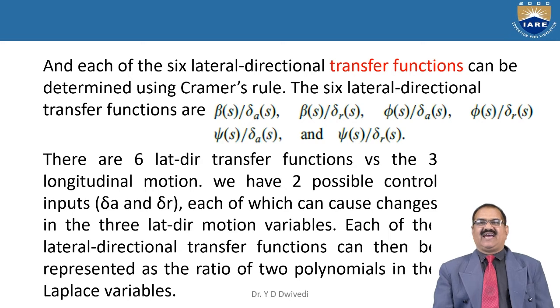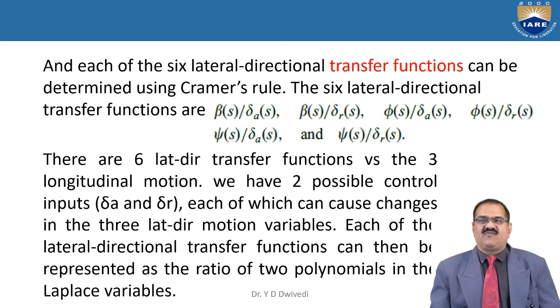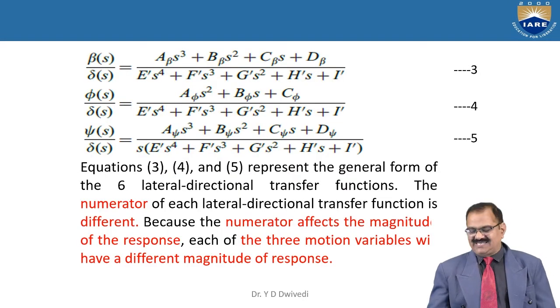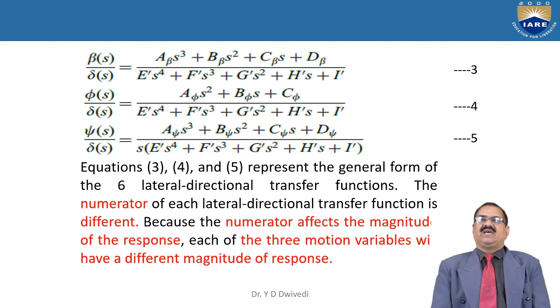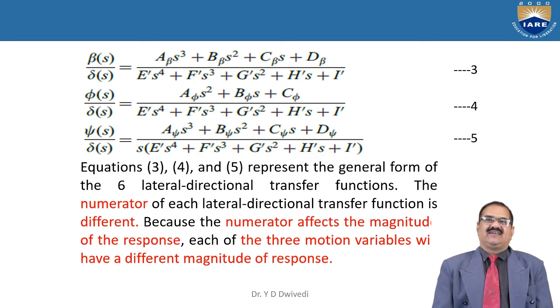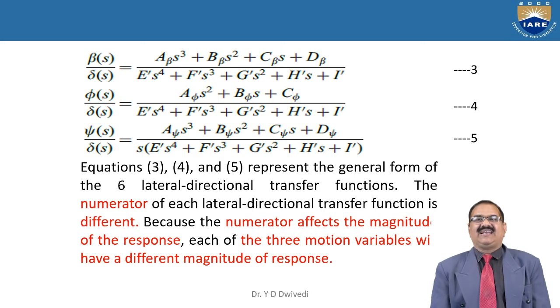Each of the lateral directional transfer functions can then be represented as the ratio of 2 polynomials in Laplace variables. This you can see here: beta s by delta s, phi s by delta s and psi s by delta s.